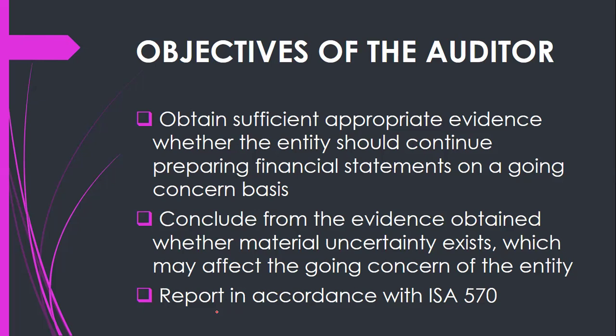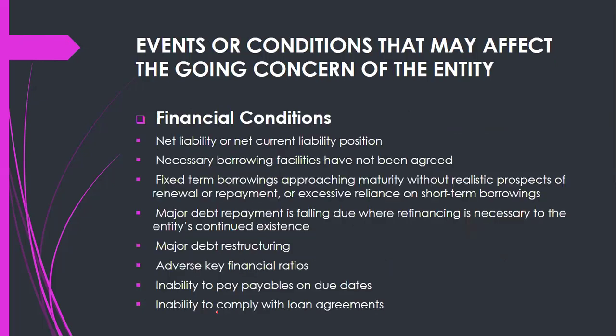Then two, to conclude from the evidence obtained whether material uncertainty exists, which may affect the going concern of the entity. Then three, report in accordance with ISA 570. So this is very, very important when it comes to going concern questions.